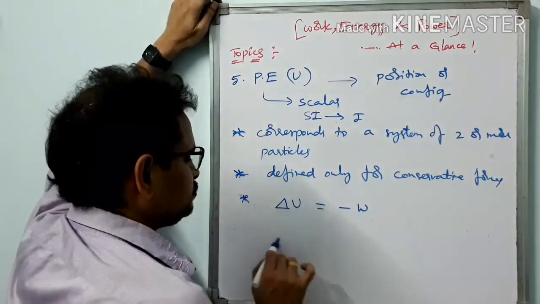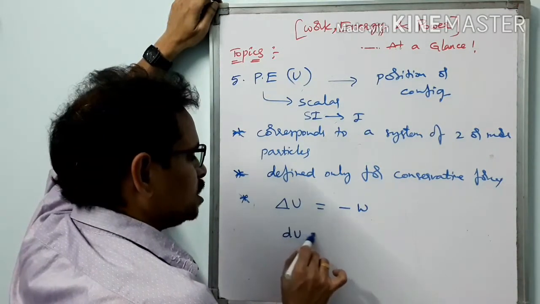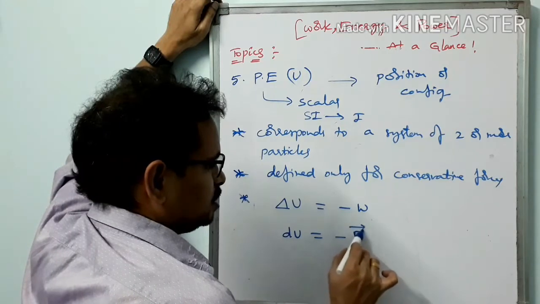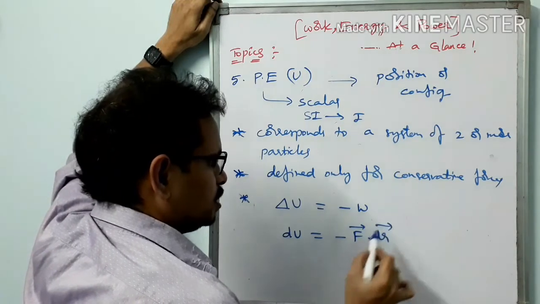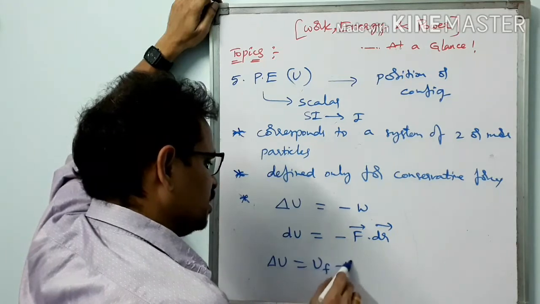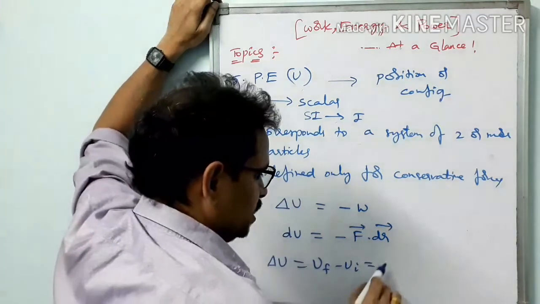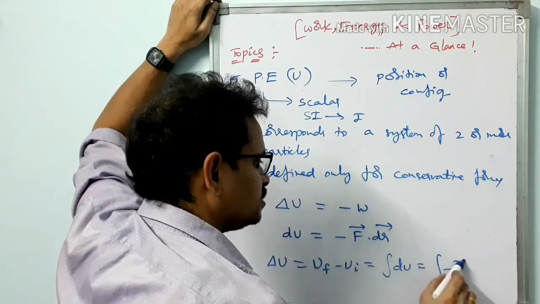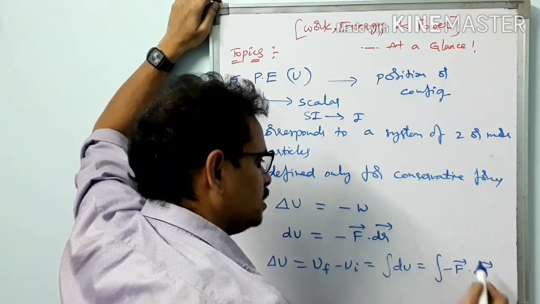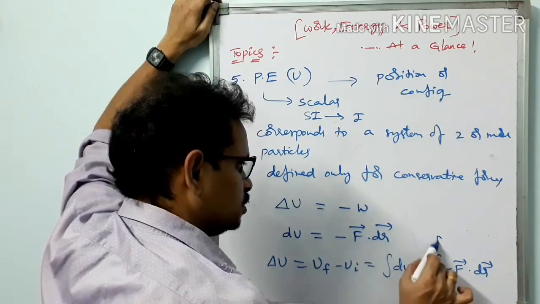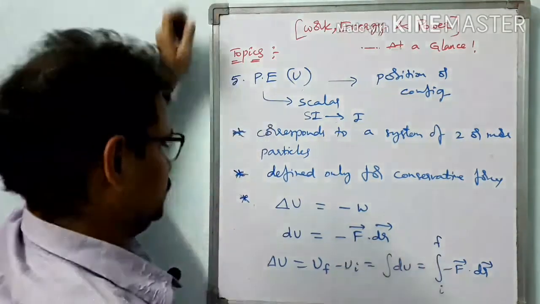Here, change in potential energy dU equals minus F dot dr, or delta U equals Uf minus Ui equals integral of dU, that equals integral of minus F dot dr, from initial position to final position.